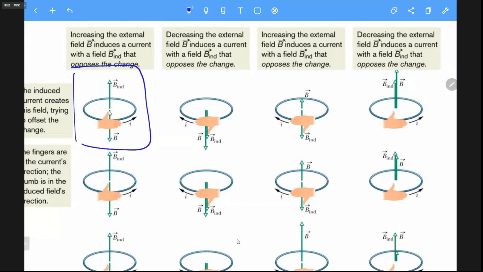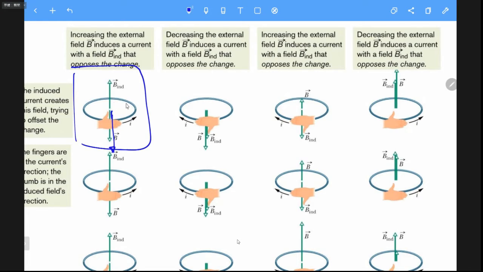So suppose we have this B pointing downward, and then the loop is something like that. And if we increase the external field B, so it starts from here and becomes larger, in this case B induced will point to the opposite side. It generates some B field to counteract this change, because this magnetic field is changing from this one to a larger value.